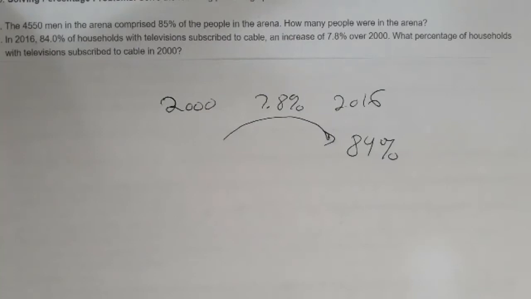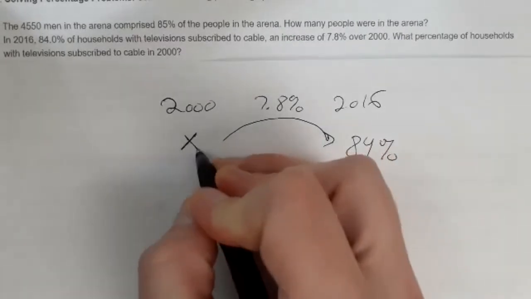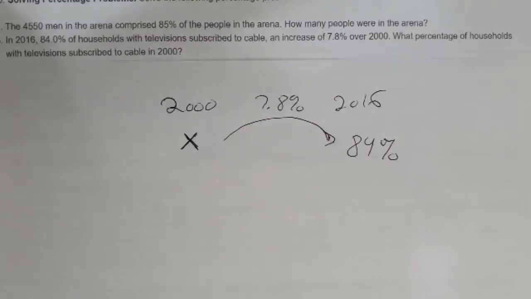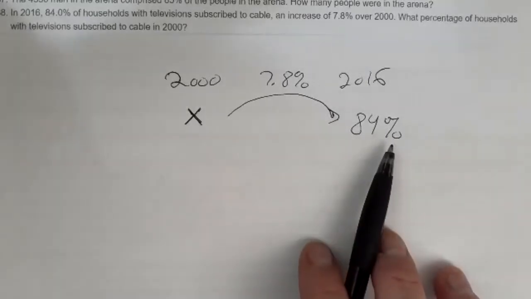So what percentage of households with television subscribed to cable in 2000? The thing that we want to know is this thing. How do we get from this thing to this thing?